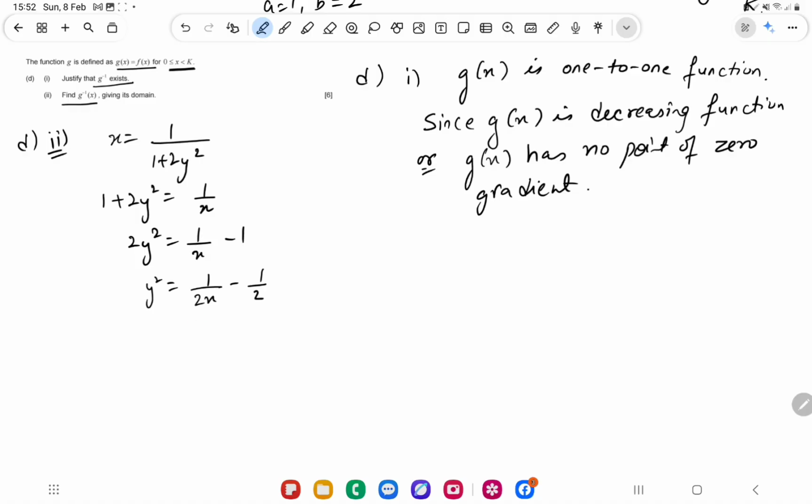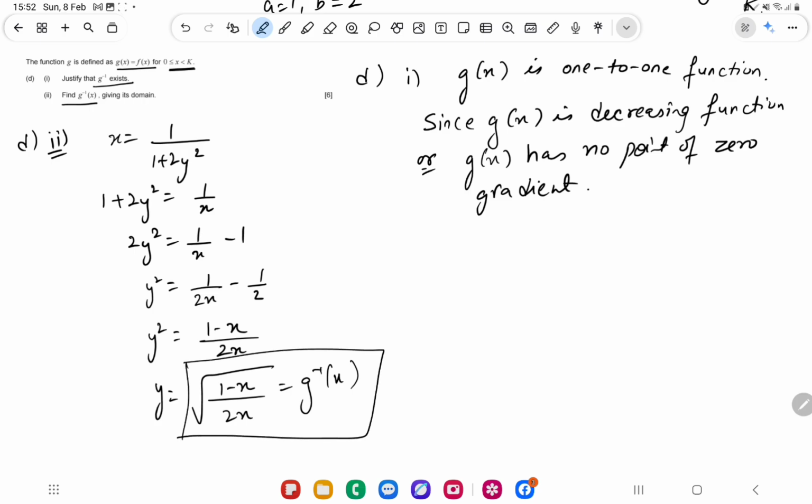I can further simplify this by taking LCM as 2x. So this will be 1 minus x. So y comes as 1 minus x upon 2x, which is nothing but my g inverse x. So this is my answer for g inverse x, and we have to give its domain also. To find the domain, I can say that my x values should be greater than half and less than or equal to 1.